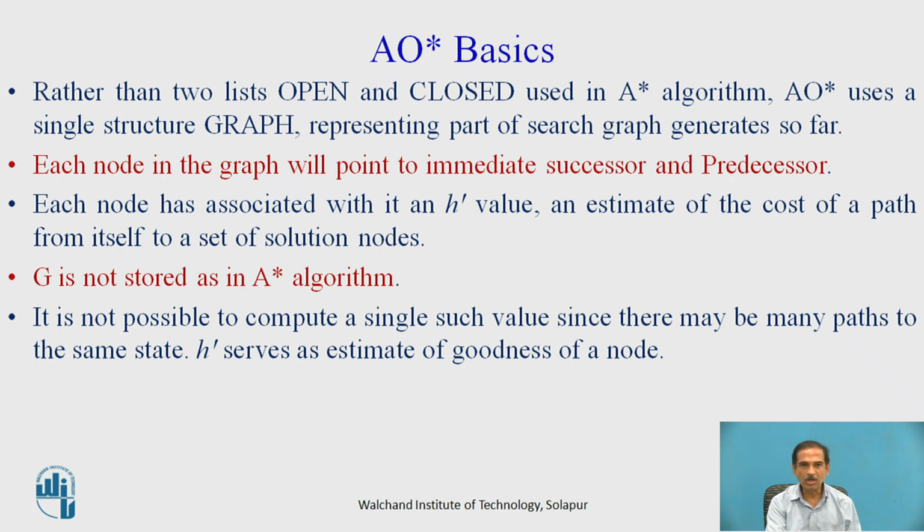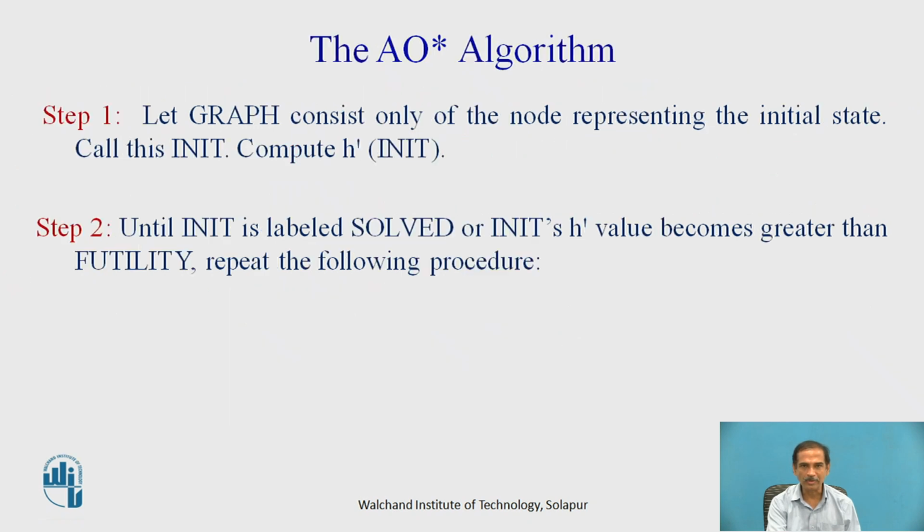Therefore, g is not stored, that is, the path that takes you from the start to the current state, as it is stored in the A-star algorithm. It is not possible now to compute such g values because there are many paths to the same state. Therefore, h dash now serves as the estimate of the goodness of a node.